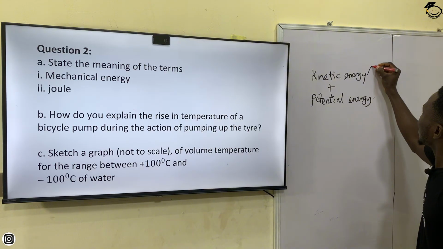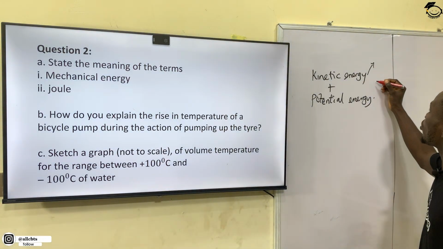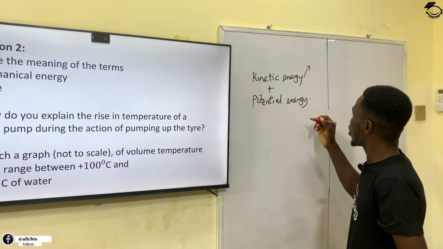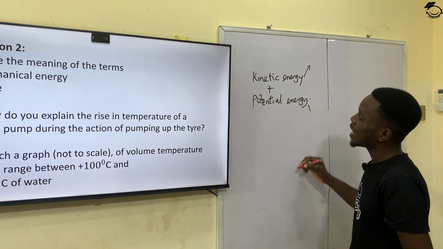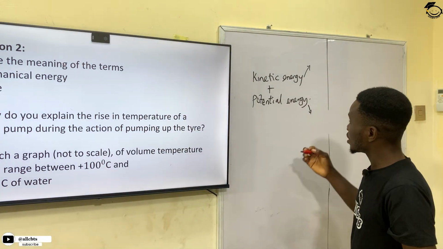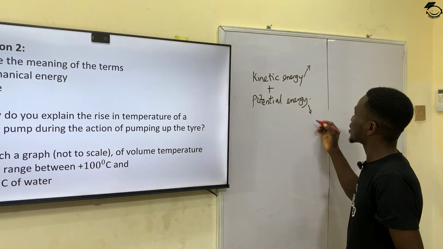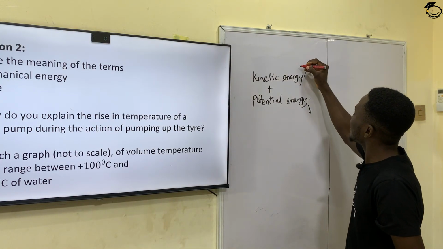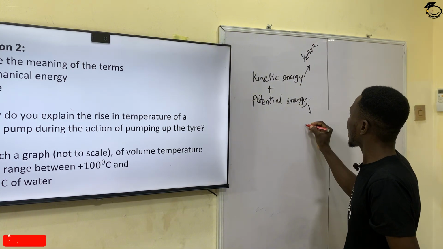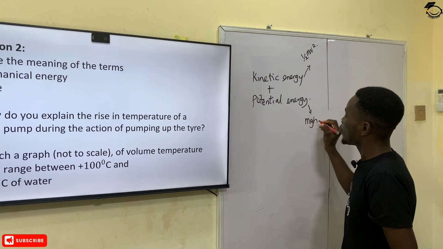While your kinetic energy is the energy due to motion of a body, the energy possessed by a body that is in motion, your potential energy is the energy possessed by a body at rest.